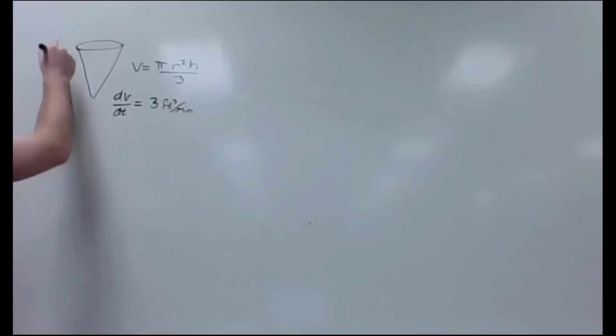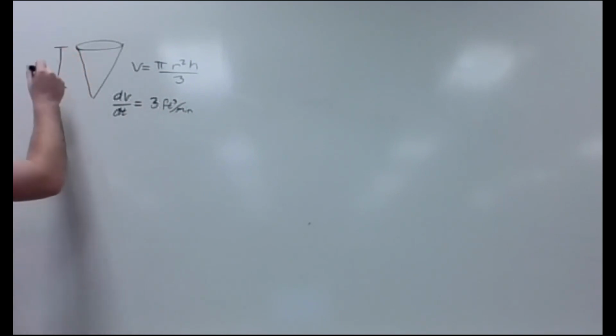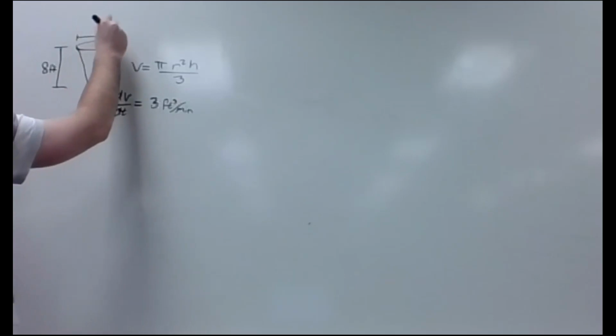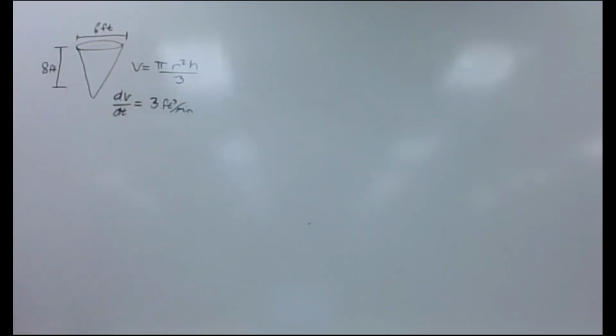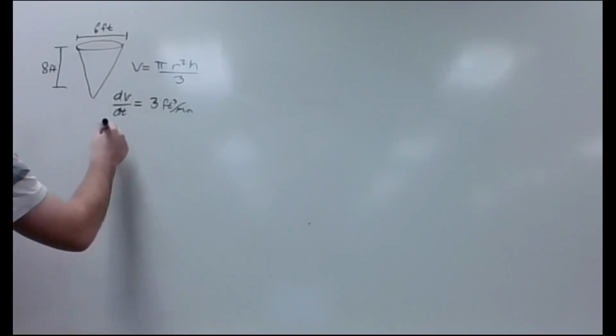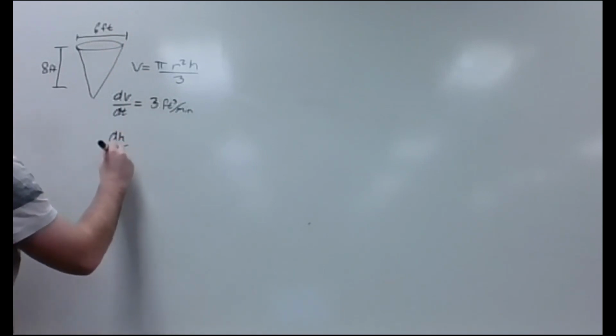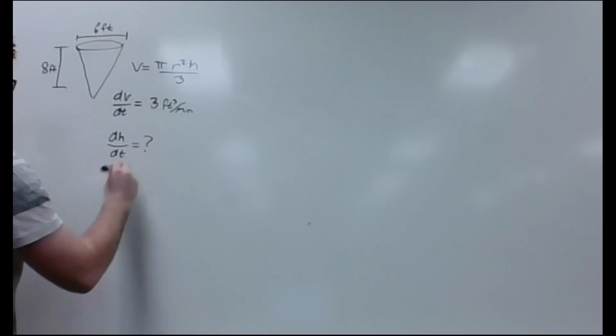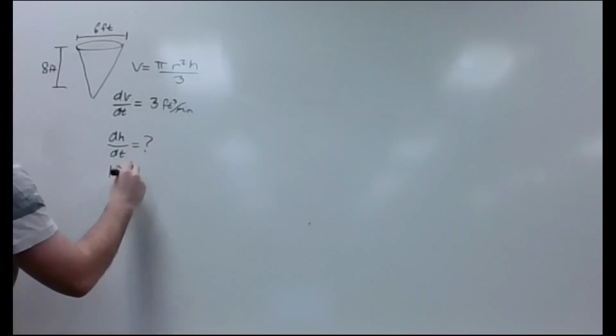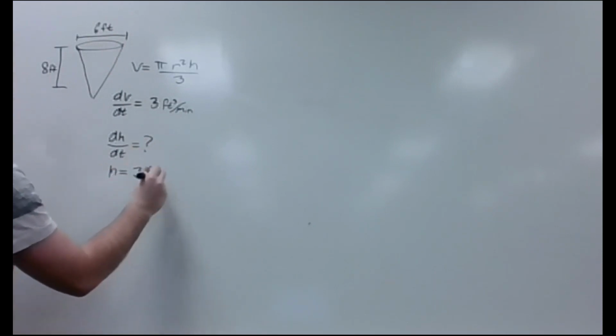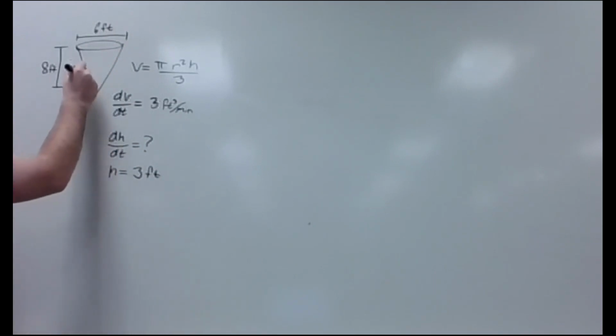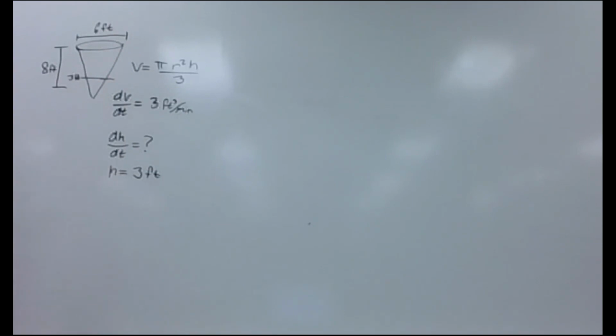And let's say that this cone is 8 feet tall and it's 6 feet across. And then let's say how fast is the height changing when h is equal to 3 feet. Or when we're 3 feet up the cone, how fast is the height changing?